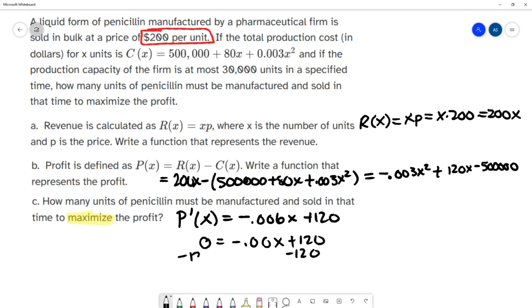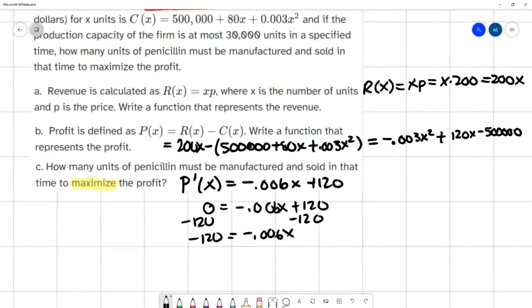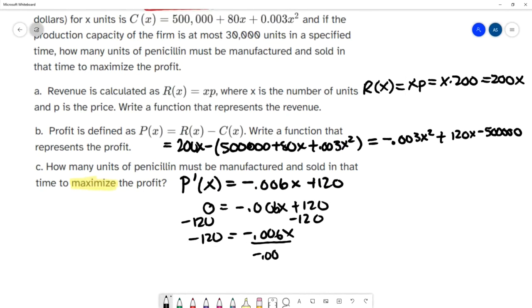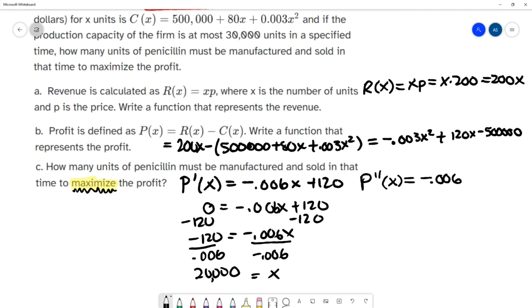We'll subtract 120. It's negative 0.006X equals negative 120. We'll divide both sides by negative 0.006. And we get X equals 20,000. So here's our critical number, and we want to know if this critical number actually produces a maximum. We're going to calculate the second derivative of our profit function, which is negative 0.006.